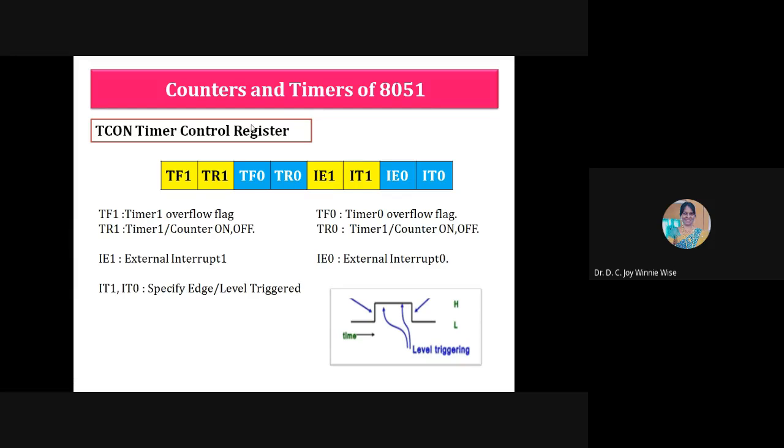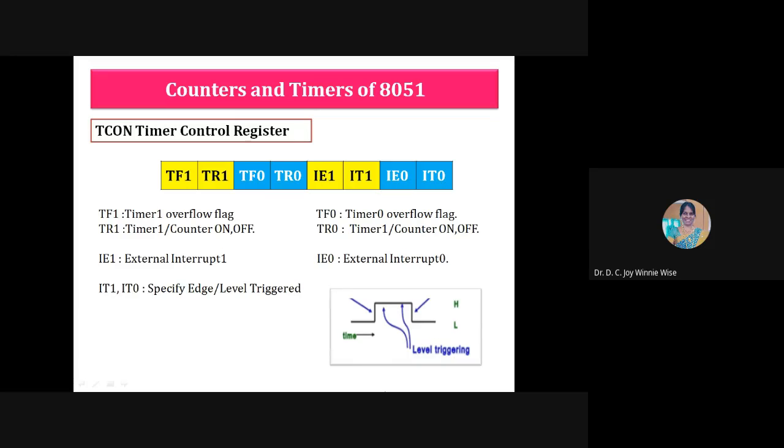Next, IE1 is the external interrupt 1 edge flag, and IT1 and IT0 select whether we are going for edge trigger or level trigger. Next we have IE0 for external interrupt 0, and IT0 selects edge or level trigger.